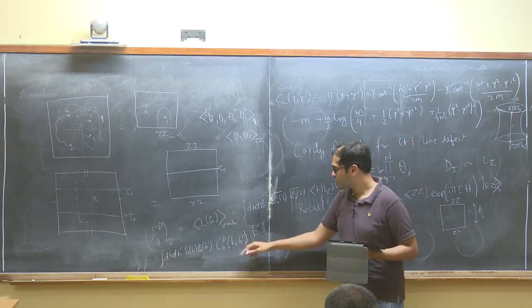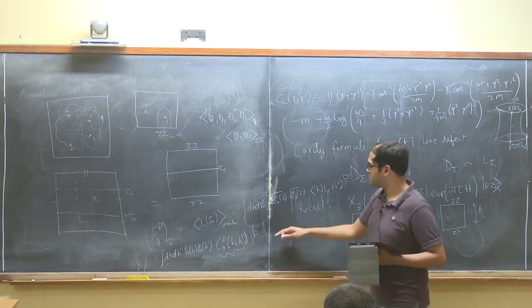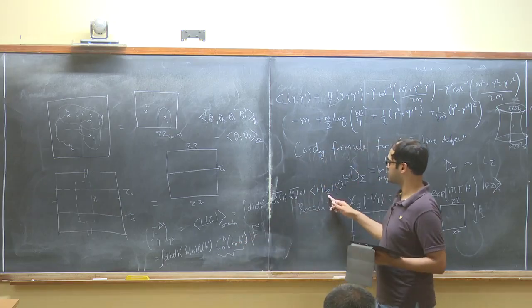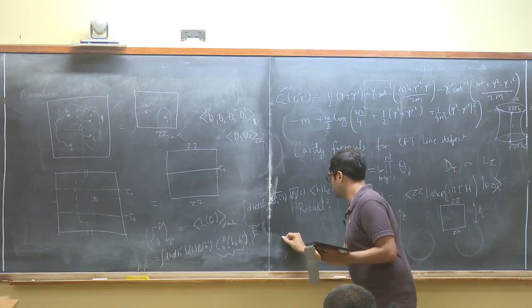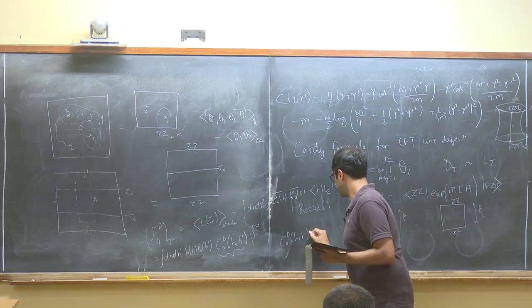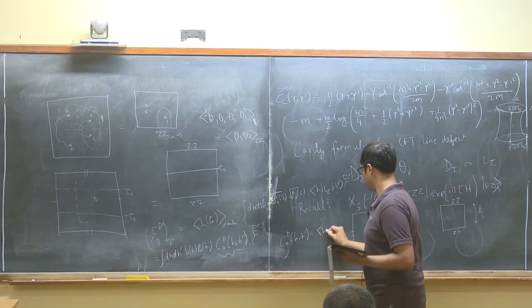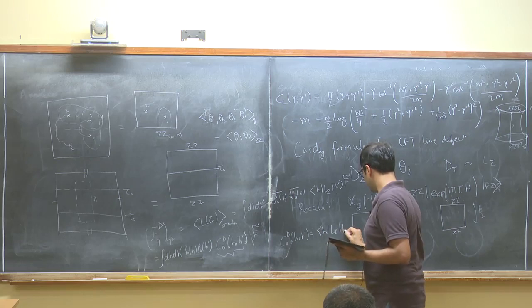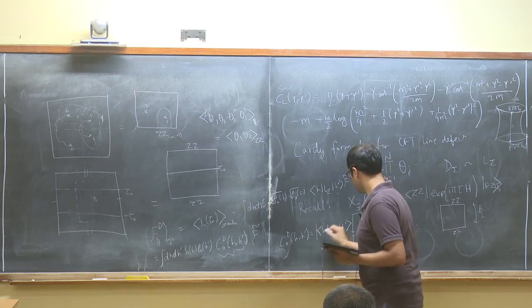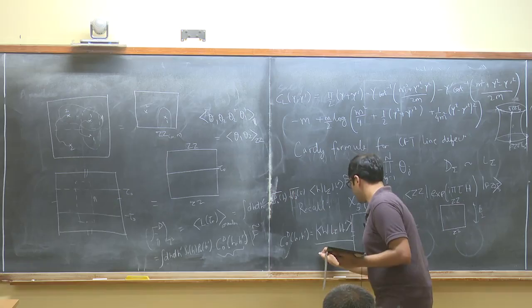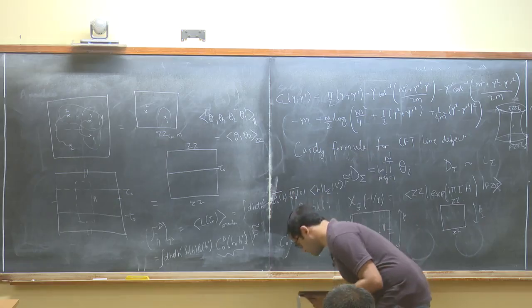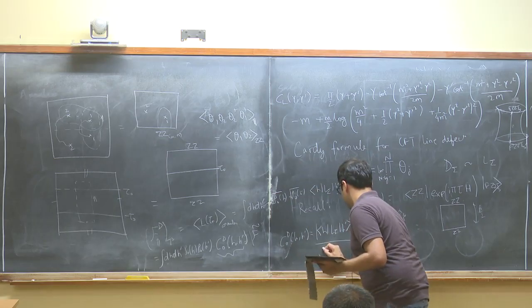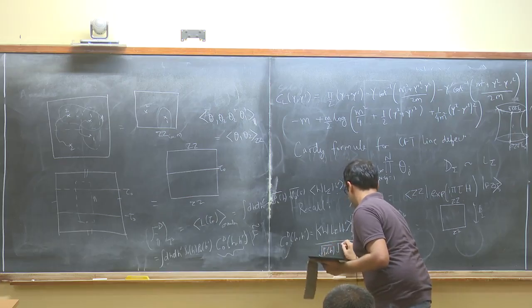Now you can get the fusion kernel by matching these two spectral decompositions, and it turns out that C0D is equal to the magnitude of the matrix element divided by these two Cardy factors, square root rho 0 h and square root rho 0 h prime.